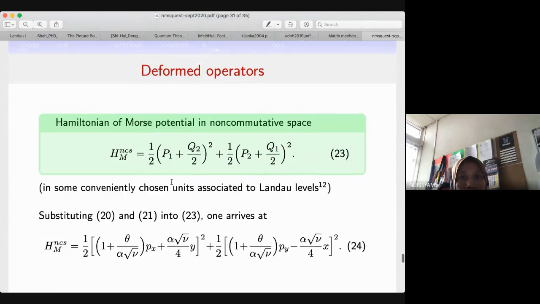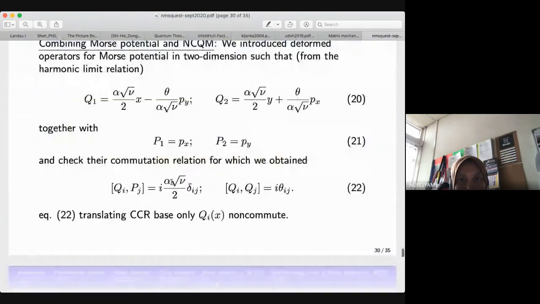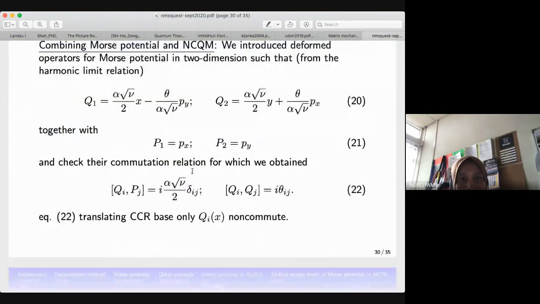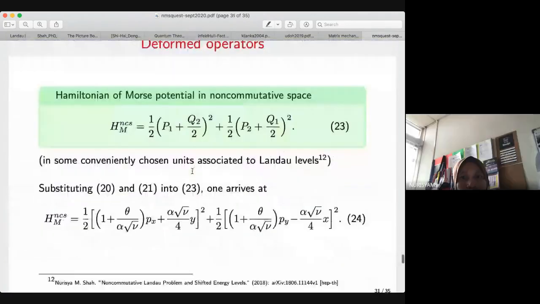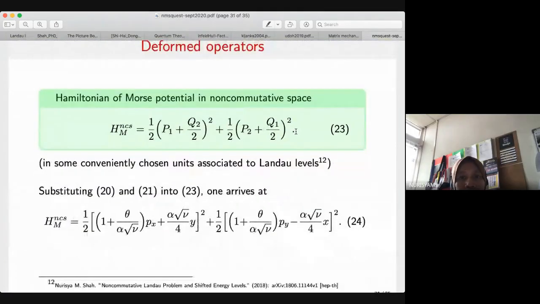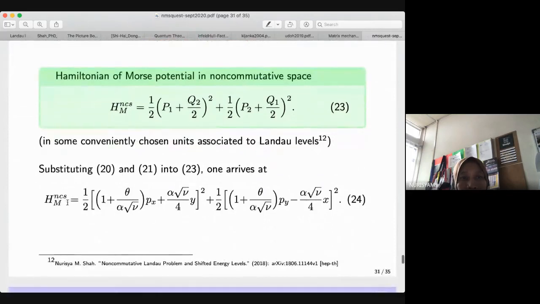We substitute the ones that we defined earlier from 20 and 21 into 23, and then you arrive at your Hamiltonian of Morse, but in non-commutative space, because only the positions do not commute.